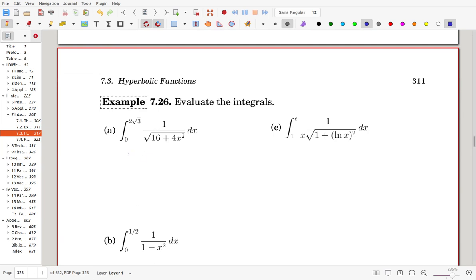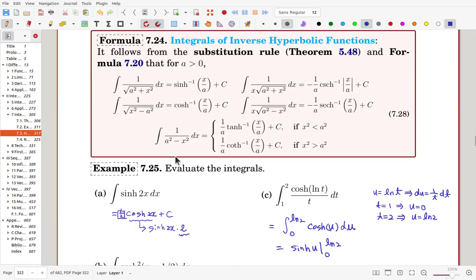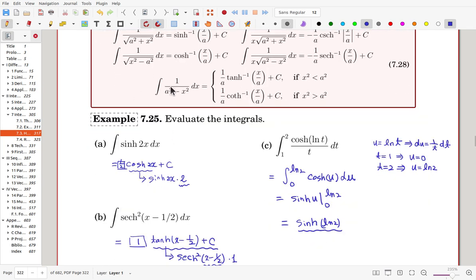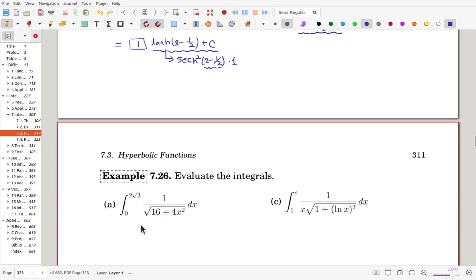For the first one, if we pull out the 16, then 4 comes out, because we have to match the format over there. Because it's a squared plus x squared, this portion is exactly the same format, so let's try to match the format.